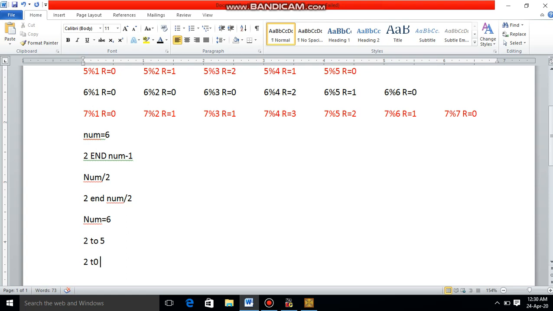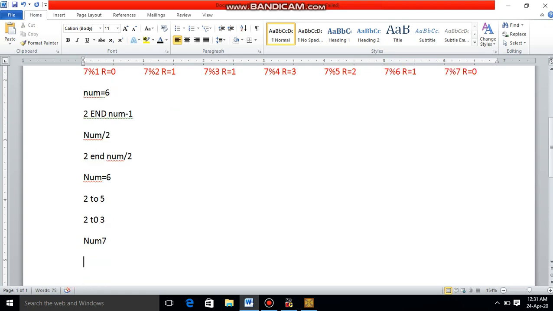What happens if I divide a number from 6, that is num equal to 6? When num equals num divided by 2, 6 divided by 2 is 3, that is 2 to 3. It is more than enough. So consider if number equal to 7, it is more than enough to start from 2 and end up with 3.